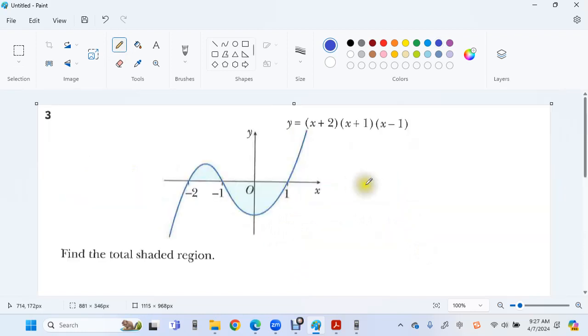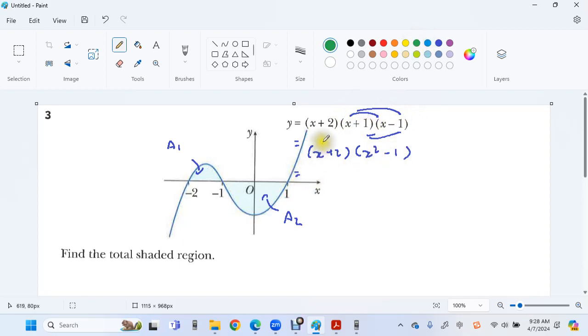Okay, so for question number 3, we will have area 1 and area 2. If you want to do the integration manually, then what I will do is expand this one. So it is x plus 2 multiplied with x squared minus 1. We have x plus y multiply x minus y, which will be x squared minus y squared, so x squared minus 1 squared.